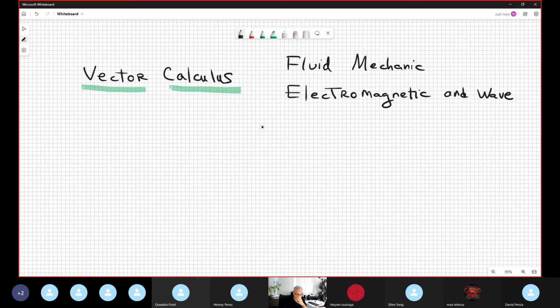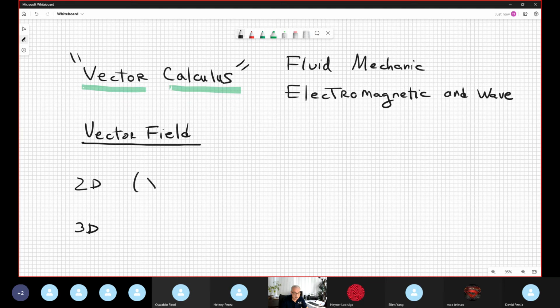And the most important concept in vector calculus is a vector field. A vector field. Okay, it's a totally new mathematical object you never saw in your life. What about a vector field? A vector field, in few words, is a function in which you associate points, maybe in 2D or in 3D.